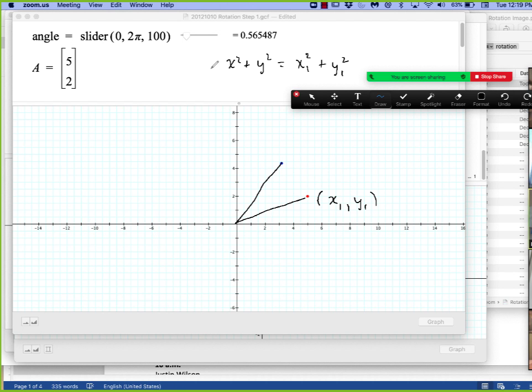So that would give you all points on the circle. So now we've generalized this point. What about this other point? Is this a specific point, or is it generalized?